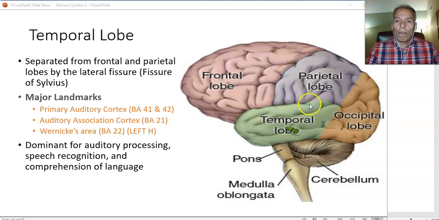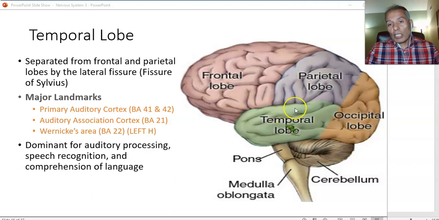In the superior one, as we saw before, in the middle of it, you have the primary auditory cortex. You can go back to my video on the auditory central nervous system, and you identify the primary auditory cortex.